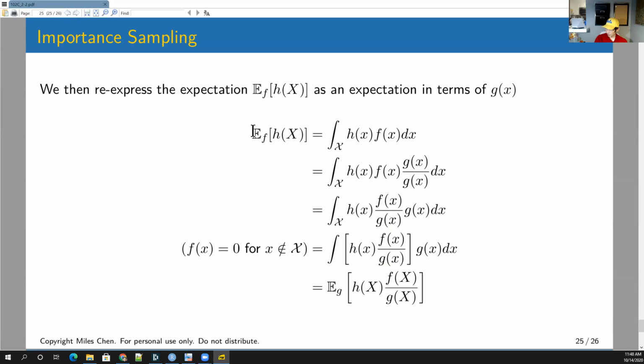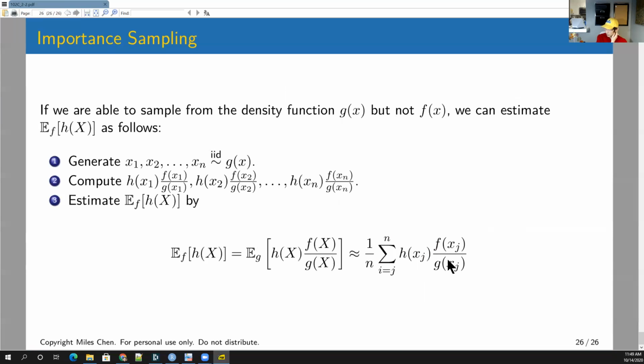So this expectation is equivalent to this expectation over here. It's going to work as long as there's no spot where f of x is greater than 0 and g of x is 0, which is our requirement here. So as long as g of x is not 0 where f of x is bigger than 0, there's no issue. We'll take a look at this a little further on Friday.